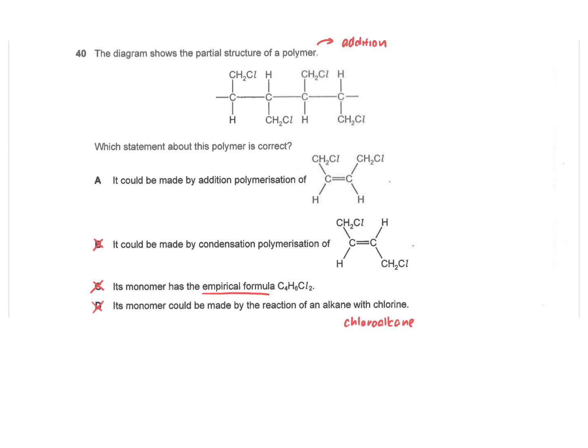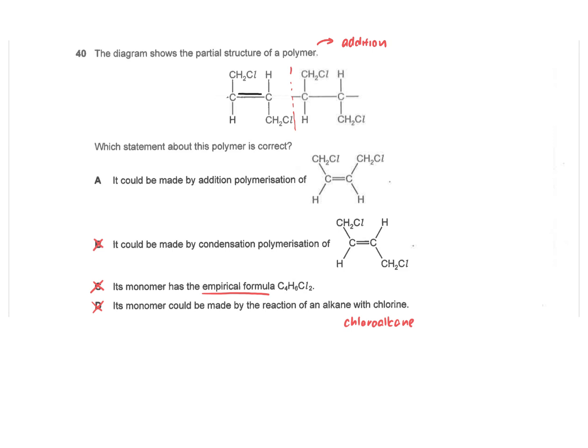Given the structure of an addition polymer, how do we deduce the monomer? We need to find the repeating unit first. So I've already isolated the repeating unit, and after finding the repeating unit, to get back the monomer, we need to erase the dangling bonds and add back the double bond.